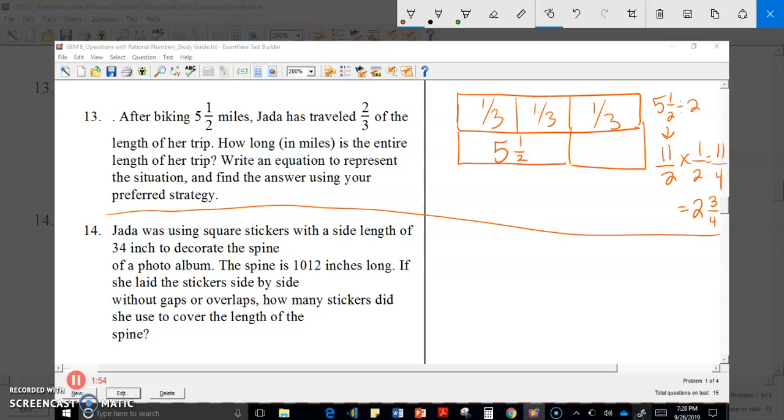So that means that each box, each 1/3, is equal to 2 3/4. So this is 2 3/4, 2 3/4, and this is 2 3/4.